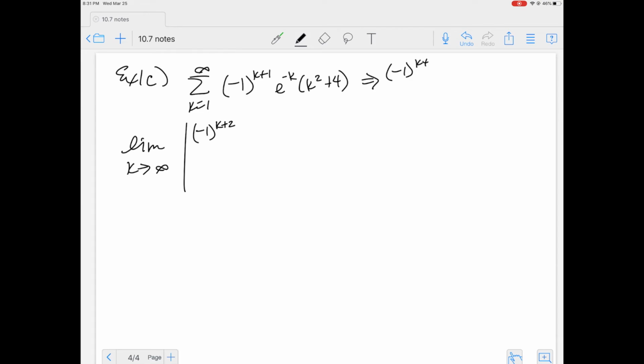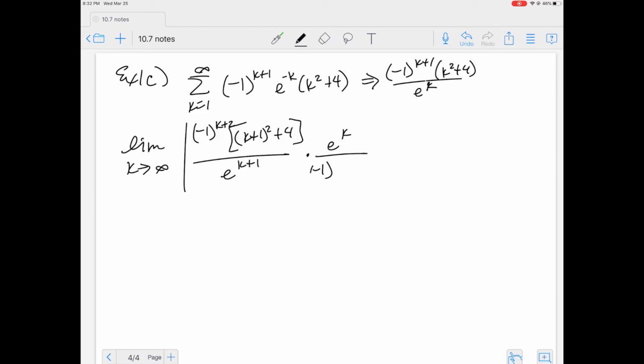So I'm going to have -1 to the k plus 1, k squared plus 4 over e to the k. It's not negative anymore because I'm moving it down below, because I don't like to deal with that negative exponent. So now I have k plus 1 squared plus 4 over e to the k plus 1 times e to the k over -1 to the k plus 1 and then k squared plus 4. That's absolute value, so we know right off the bat those signs go away.